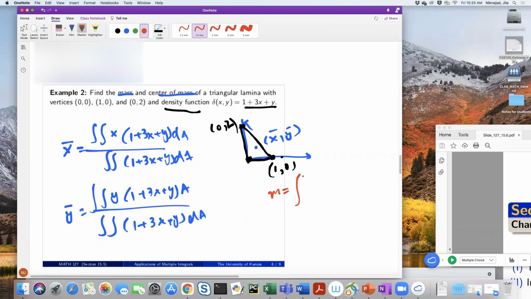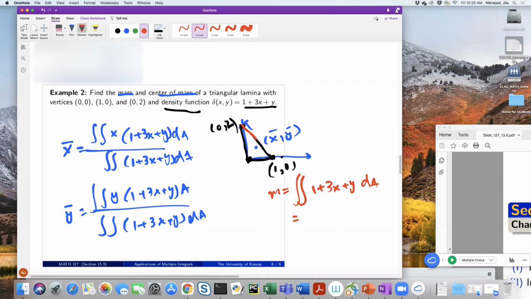So mass is the double integral of 1 plus 3x plus y dA. Let's set up the double integral. The setup is going to be the same for all of them.